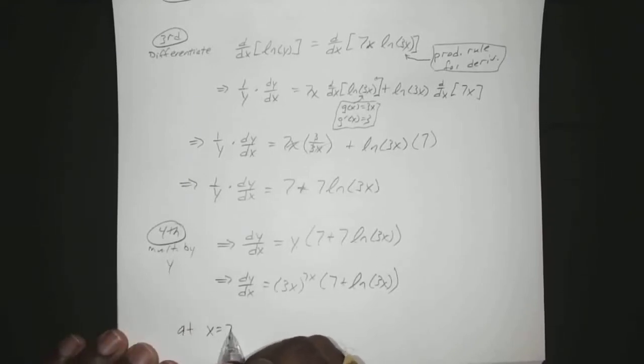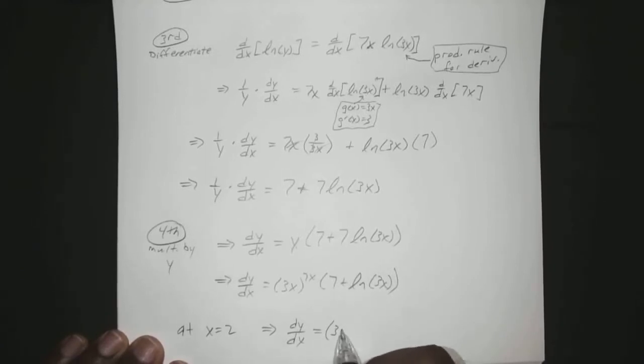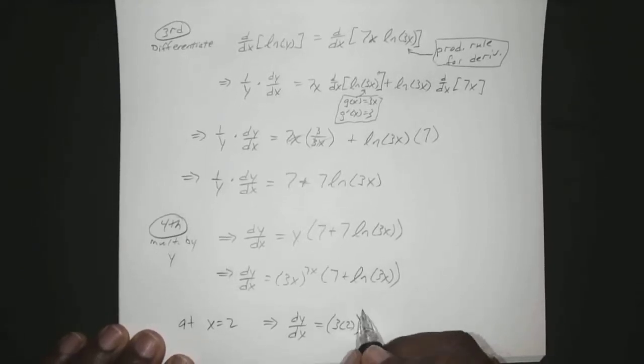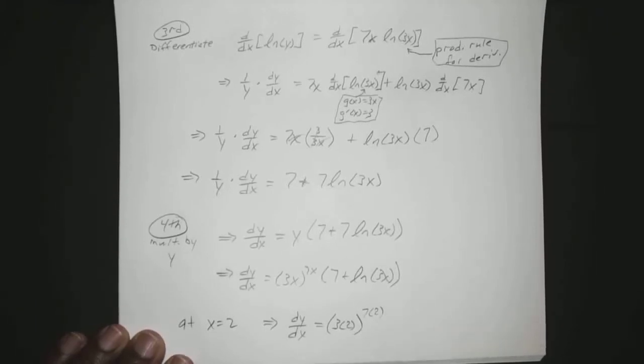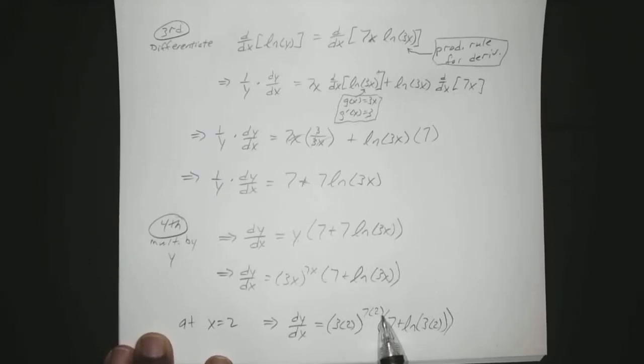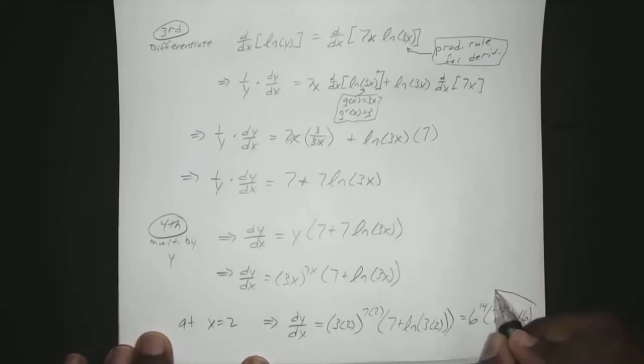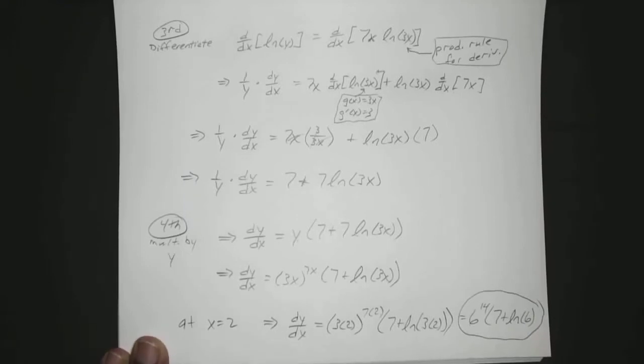So at x equals 2, our derivative is equal to 3 times 2 to the power of 7 times 2, times 7 plus natural log of 3 times 2, which is equal to 6 to the power of 14 times 7 plus natural log of 6. Okay, so that would be your final answer.